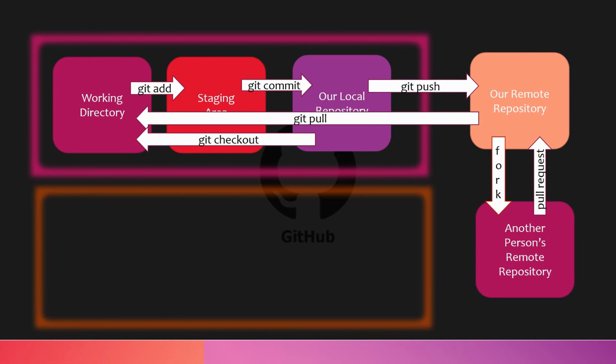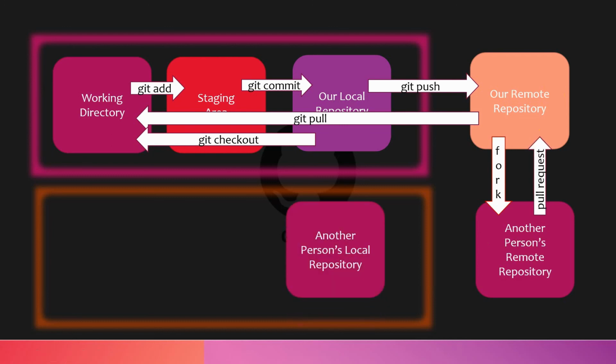That pull request will be accepted or denied based on the other person's choice, depending on whether our files or feature are valuable for their experiment or something they want to include. And if the other person wants to access our remote repository files directly on their system, they can clone it.